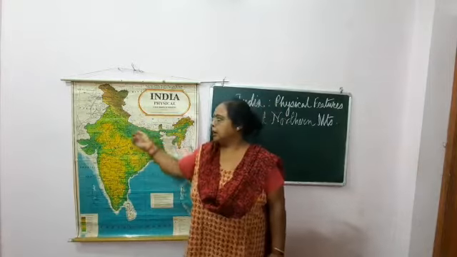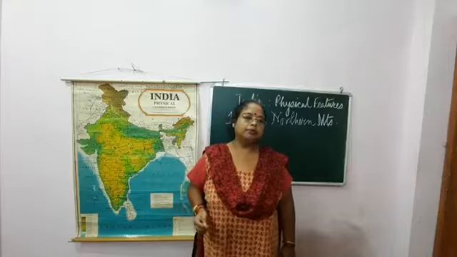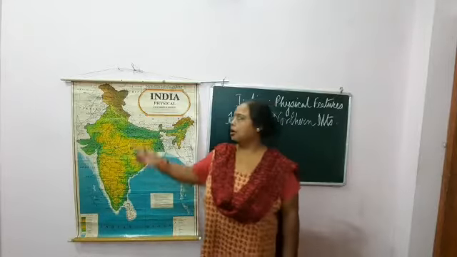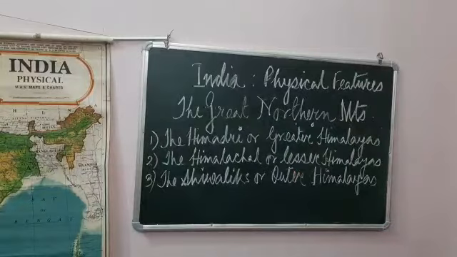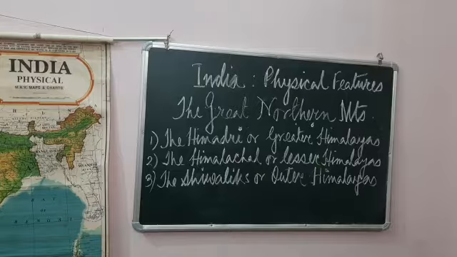And third, the Shivalik or Outer Himalayas. Now, the 3 parallel ranges you see: first the Himadri or Greater Himalayas, second the Himachal or Lesser Himalayas, third the Shivalik or Outer Himalayas.